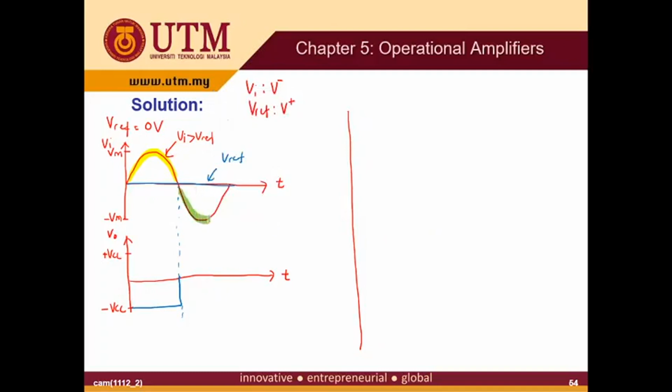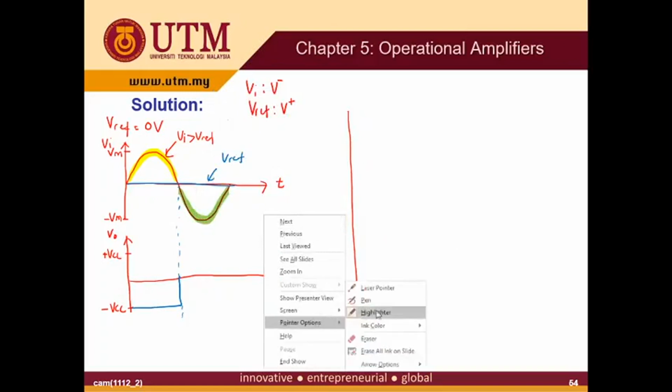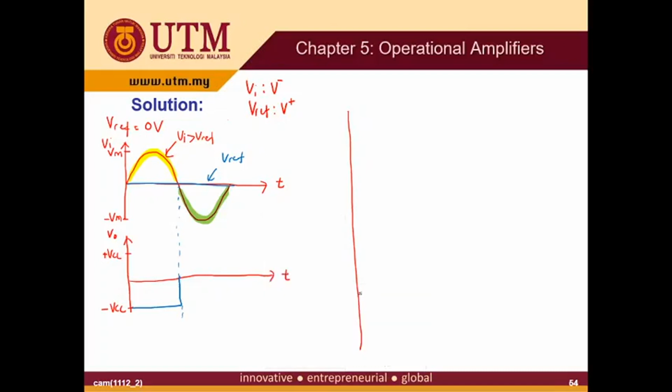In this case, the V out is equal to plus VCC. So this is the output waveform. So I write it again: this is where your V in is lower than V reference, where V in is V minus and V reference is V plus. That's why you got the plus VCC.